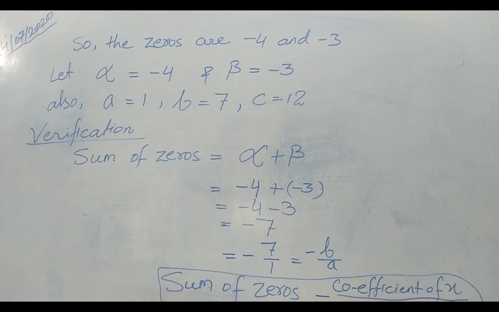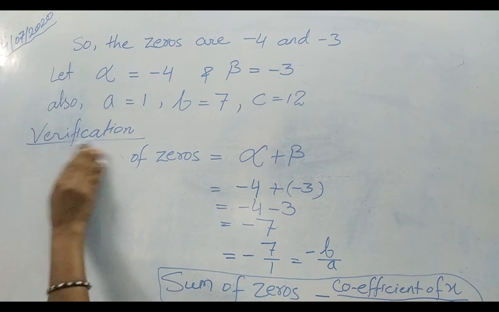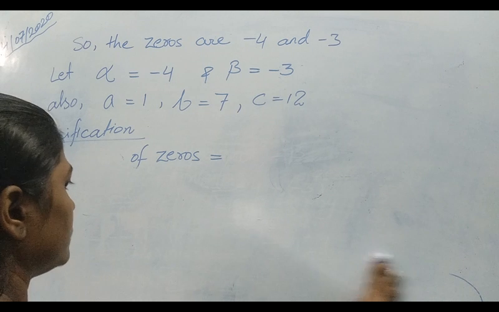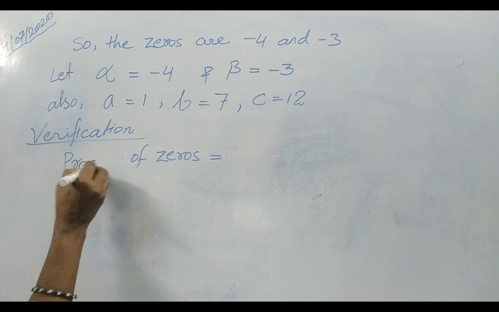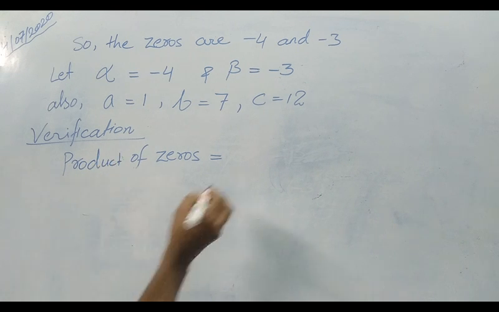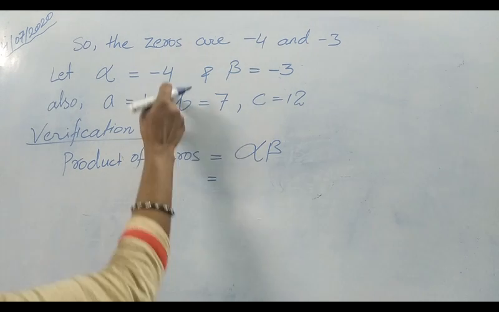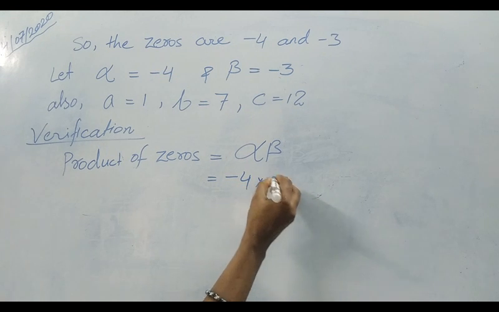Now we are going to look at the product of zeros. How can we simplify the product of zeros? Product of zeros means alpha into beta. Alpha is here minus 4 and beta is minus 3.